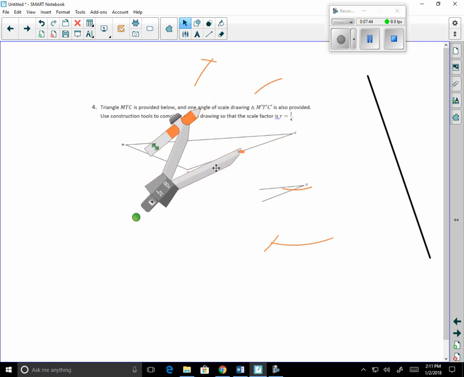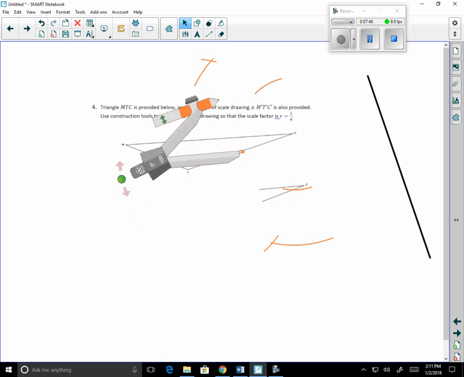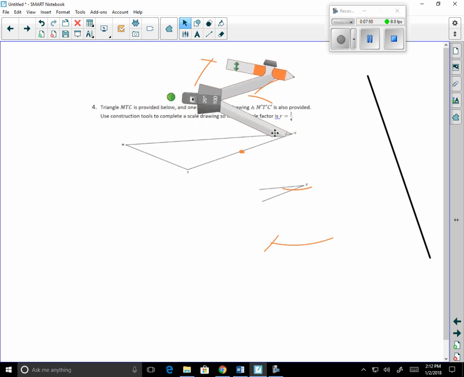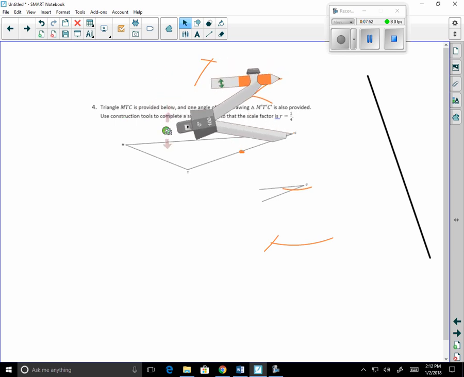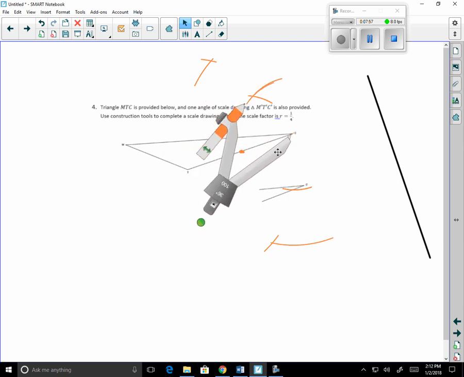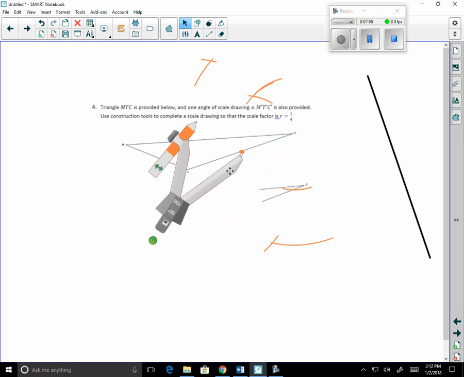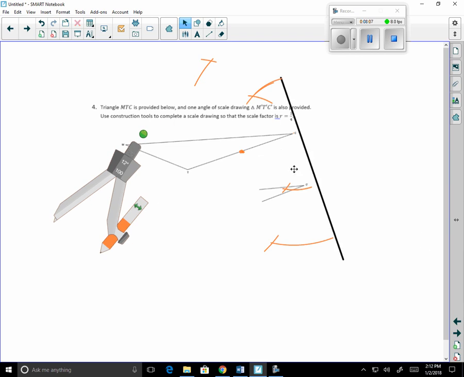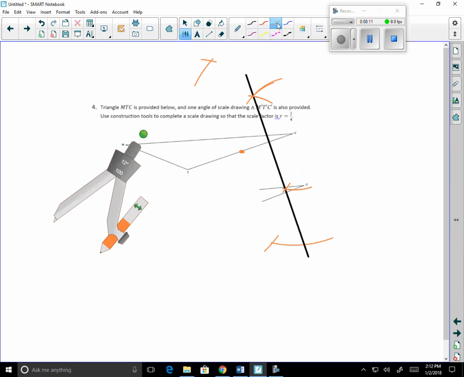If I do the same thing from this new point, well, I need to make that one bigger. And do the same thing on the other side. And again, just like before, I don't really need the whole line drawn. I just need to know where that quarter of the way point is going to be.